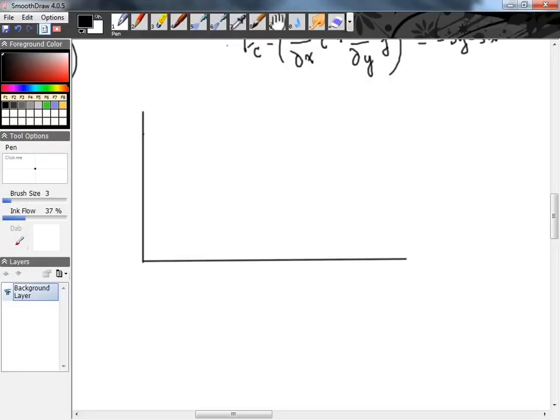Imagine we have a bowl. And our bowl looks like this. And here's the surface of the bowl. Okay, it is a cross section of a bundt cake pan, if you will. You guys have seen bundt cake before?